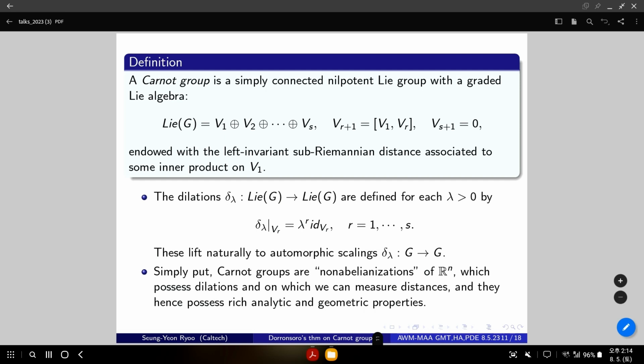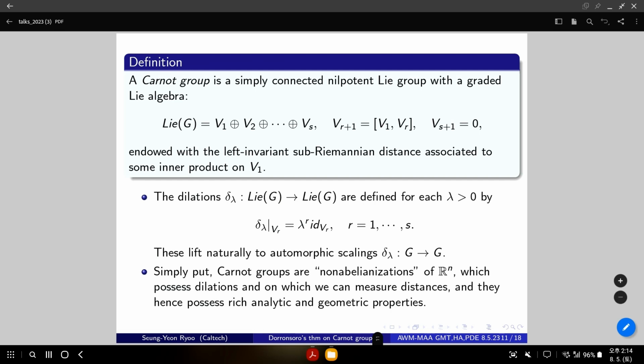So it has s layers, V1 through Vs, such that V1 bracketed with V1 generates the next layer. And it's endowed with a left invariant sub-Riemannian distance associated to some norm on V1. You can define the dilation delta sub lambda in a similar manner. They are again group automorphisms, and they scale the distance by lambda.